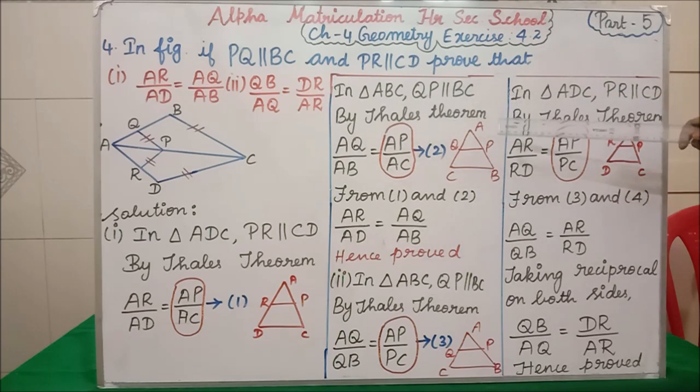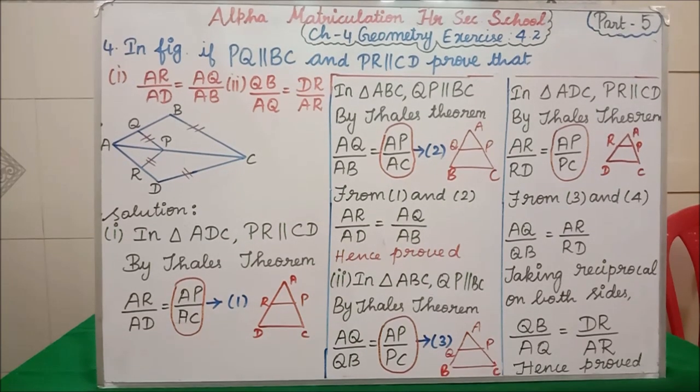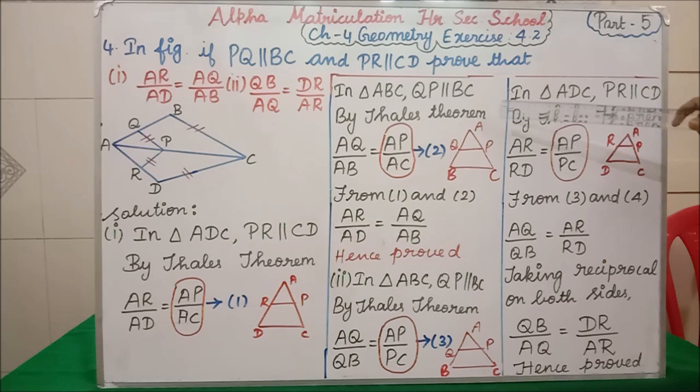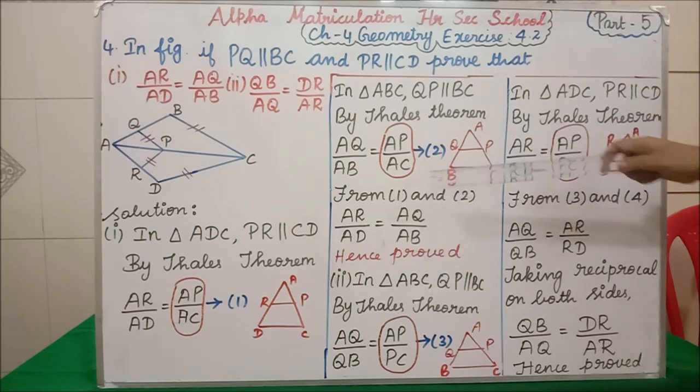By Thales theorem, how can we write now? AQ divided by the full length AB is equal to AP divided by the full length AC.